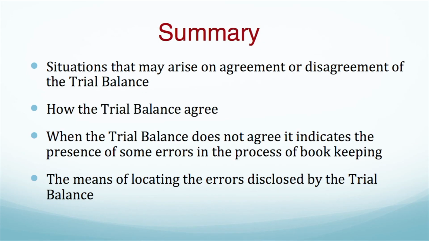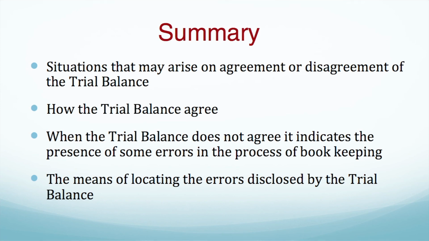So let us see the summary of this particular video. In this video, we have discussed the situation that may arise on agreement or disagreement of trial balance, the mechanism through which the trial balance becomes automatically agree or disagree.